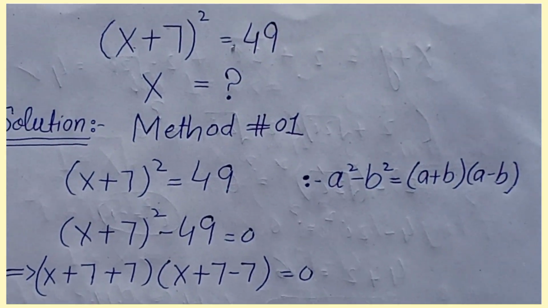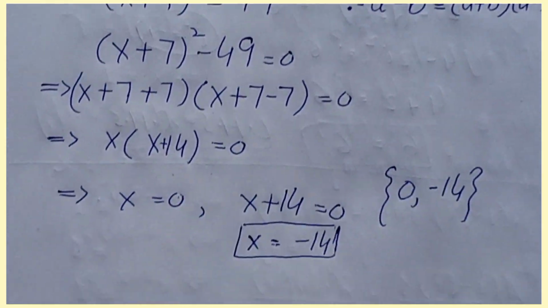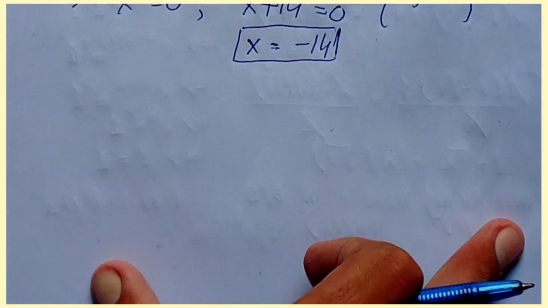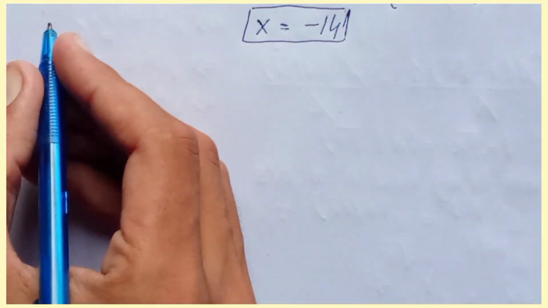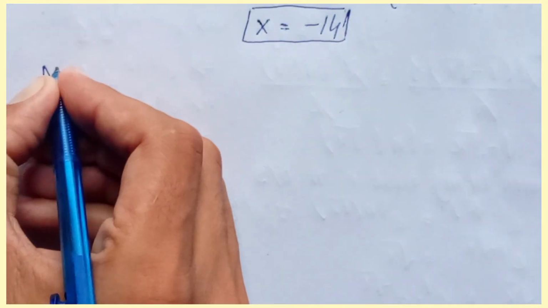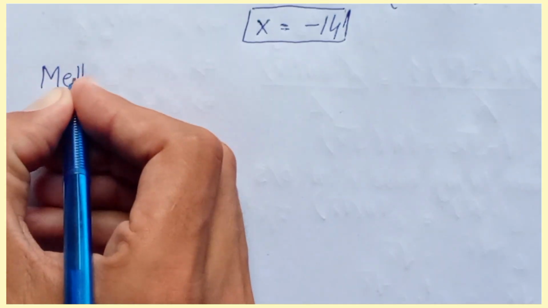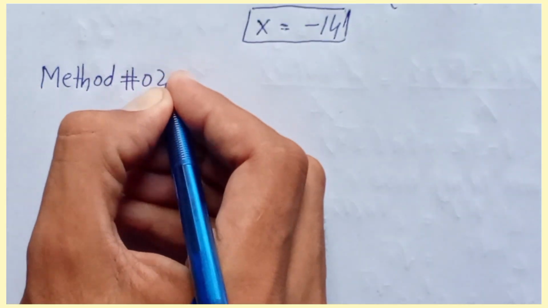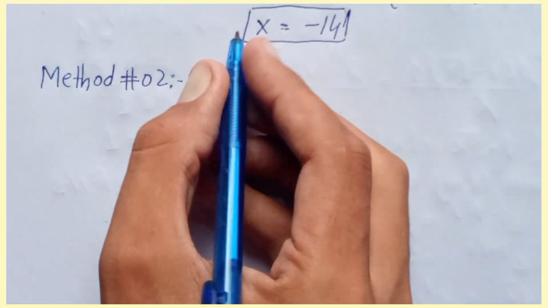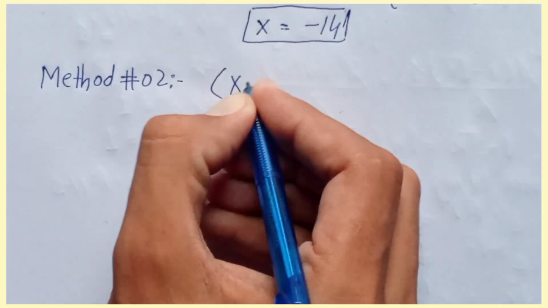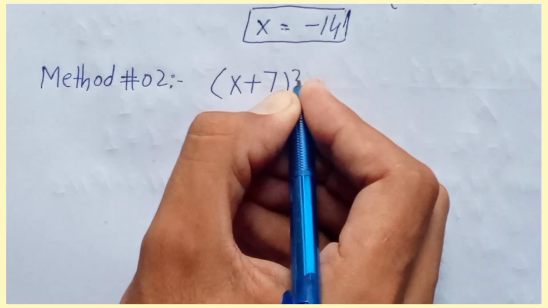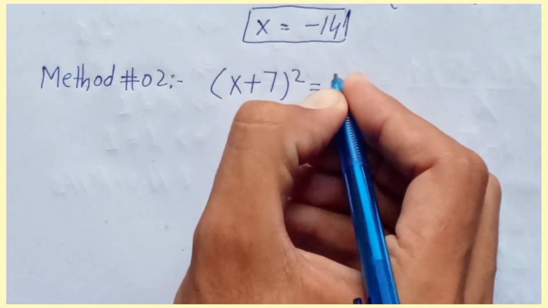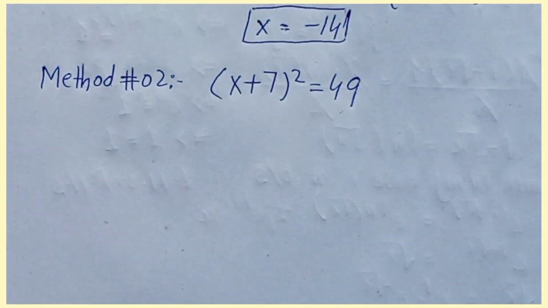Now I solve this question by the second method. Method number 2. The expression is (x plus 7) to the whole square is equal to 49.